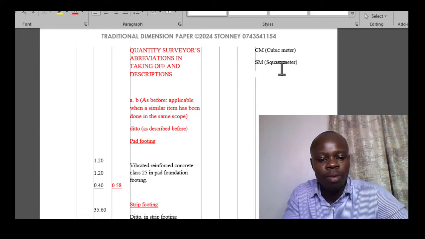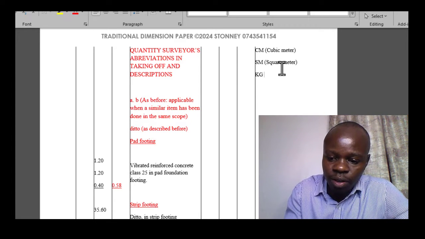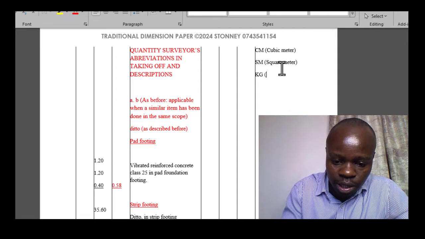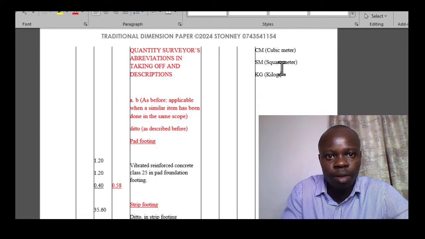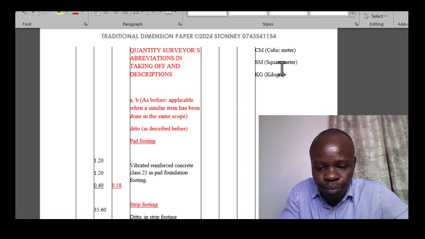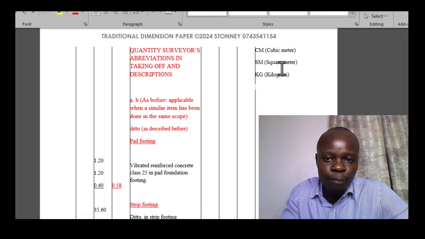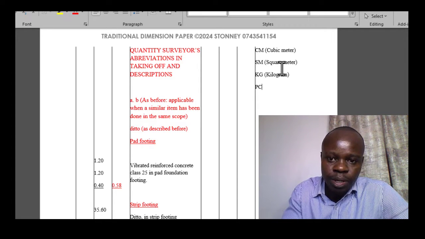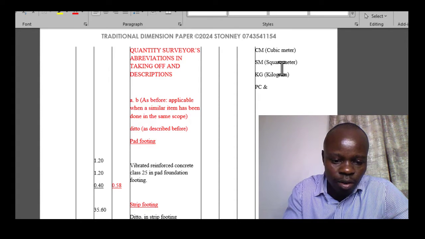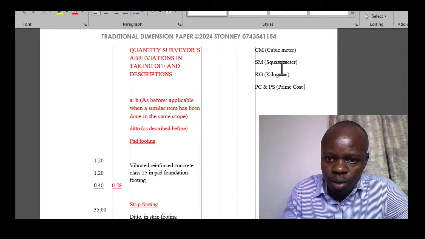Okay, then we have kg, that is standing for kilogram. Okay, then let's see what we have also as PC and the PS. Okay, PC and the PS. So one is prime cost.